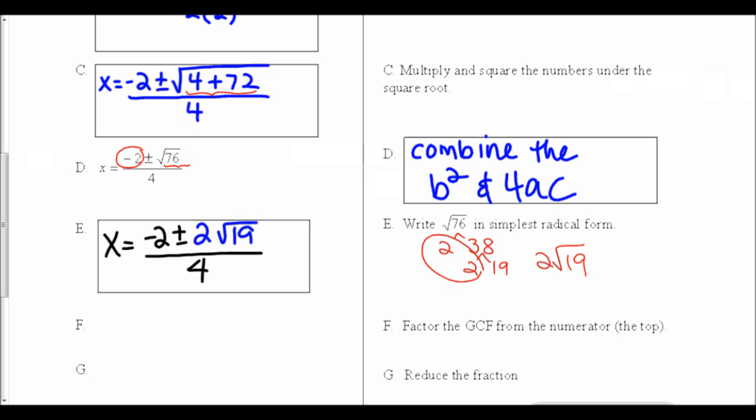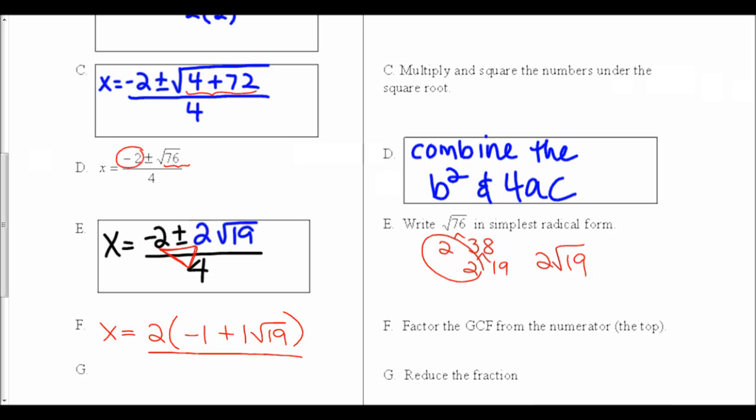In the next step, I want to factor the GCF from the numerator. So in other words, I'm looking for, is there a number that I can reduce out of all of these parts from the numerator and the denominator? So I could take a negative 2, or I'll just take a positive 2 out at the top, which would make this negative 1 plus 1 square root of 19.